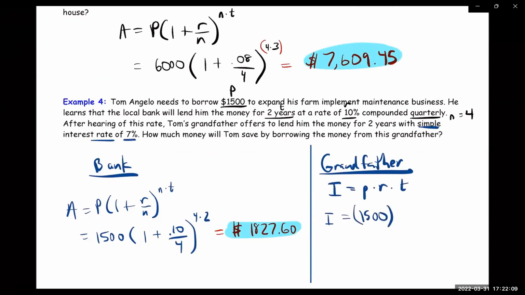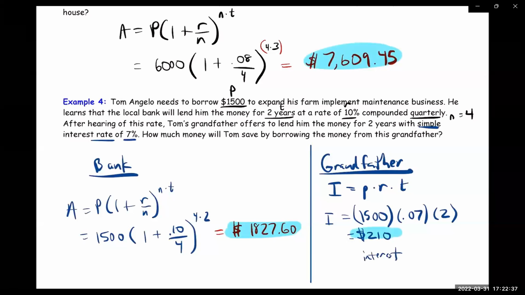His interest rate is lower, 7%, 0.07, and the time is still 2 years. So let's see what that turns out to be. So he's only charging him $210 of interest.